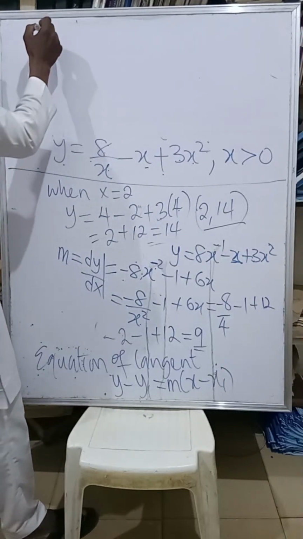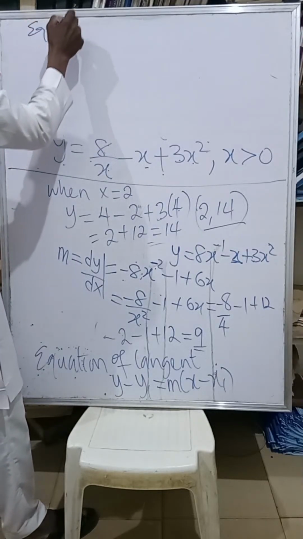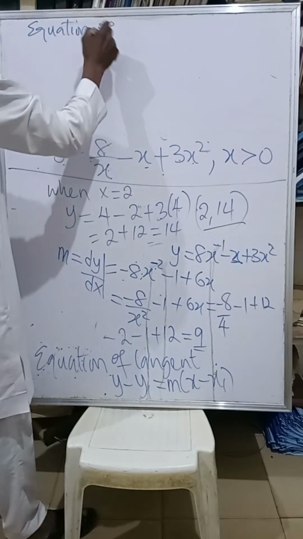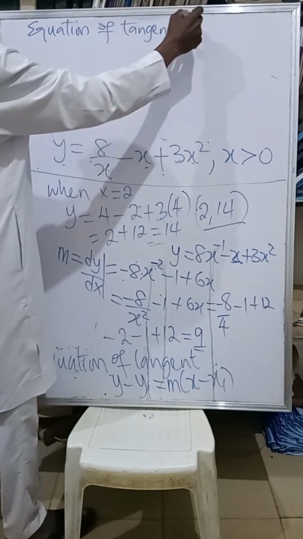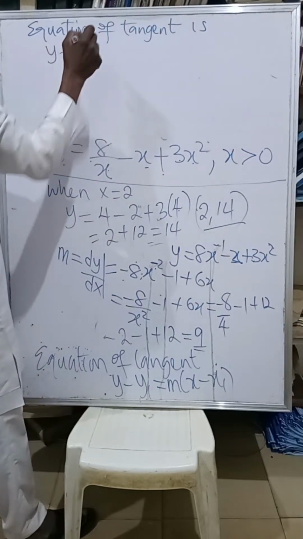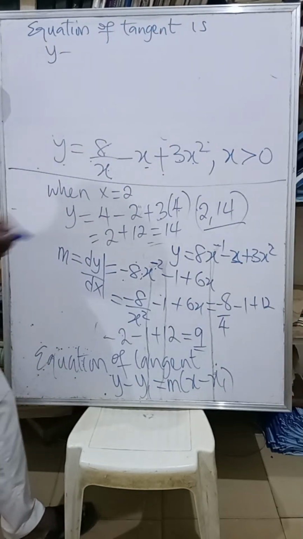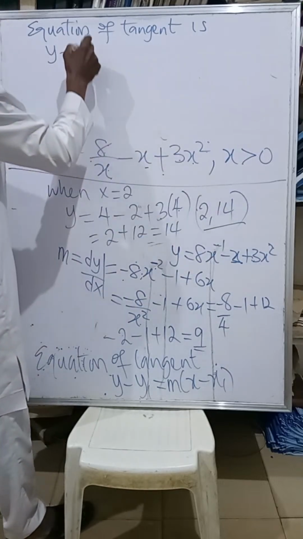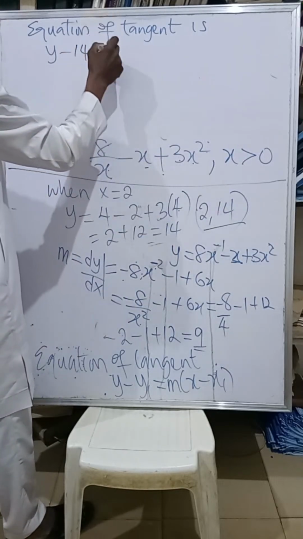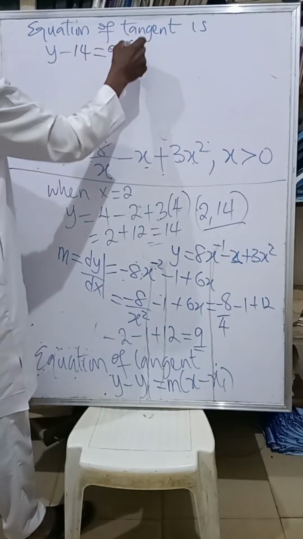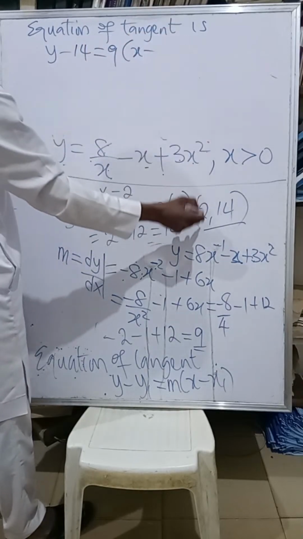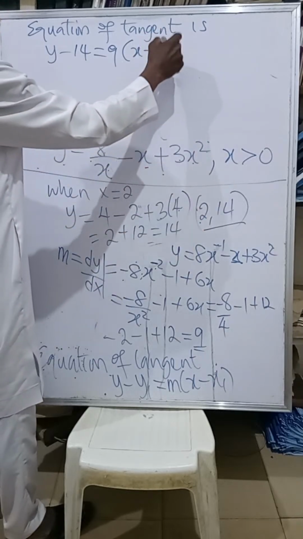The equation of the tangent is y minus y1, my y1 is 14, equal to my gradient 9 times x minus x1, that's 2.